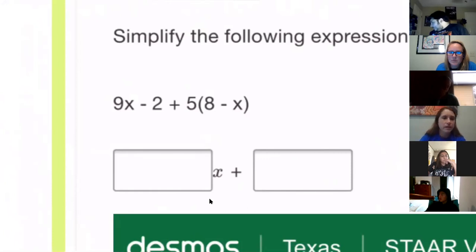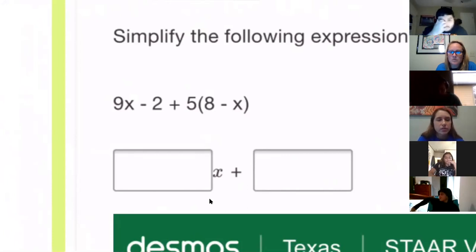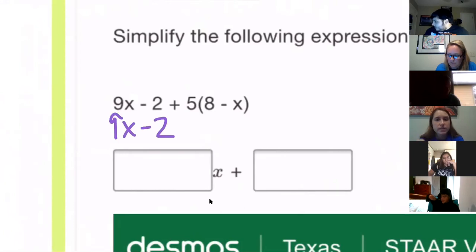Okay, so 9x minus 2 plus 5 parentheses 8 minus x. If you guys think back to order of operations, we're going to have to do our parentheses first. So that first part, 9x minus 2, I'm just going to rewrite it as is. And then the 5 we have to distribute inside of the parentheses by multiplying.